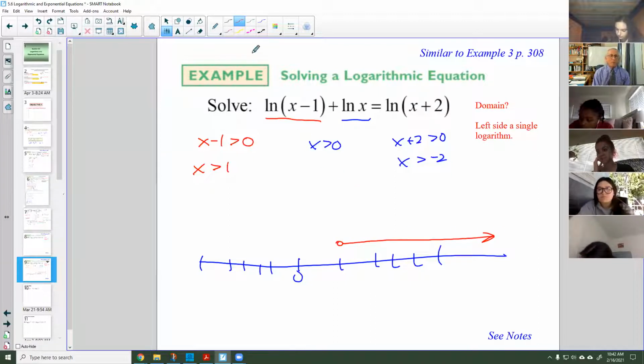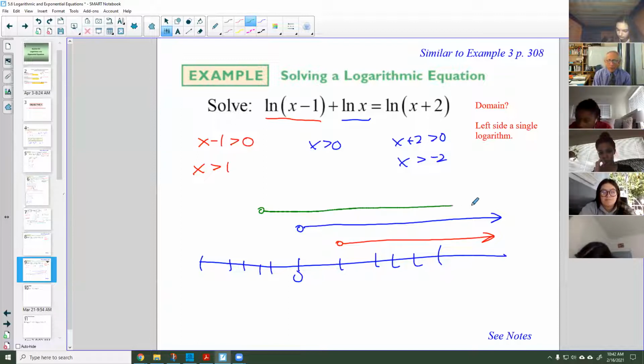And then the blue one says X has to be greater than 0. So I graph it like that. And then this one here, which I should have made a different color, says X has to be greater than -2. So I go like that.